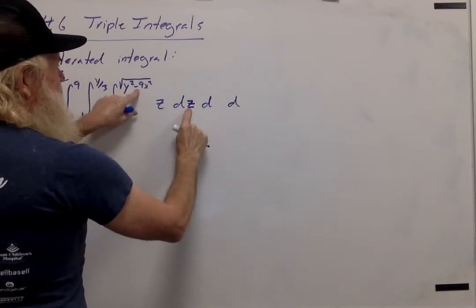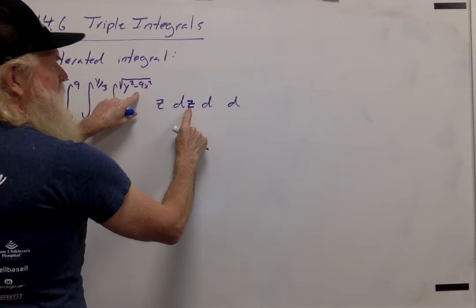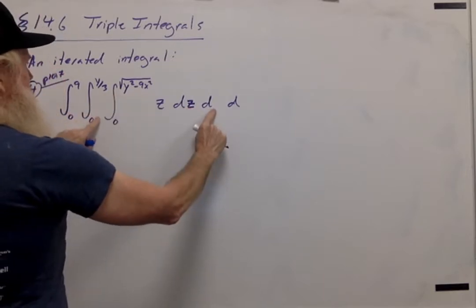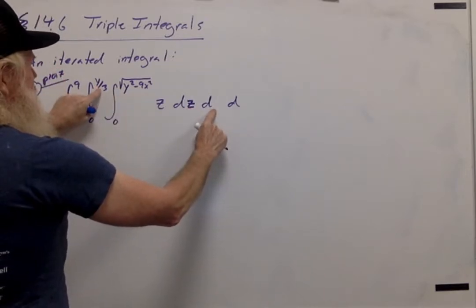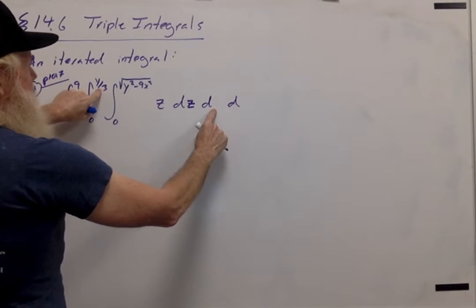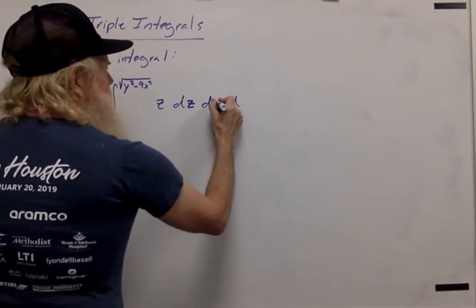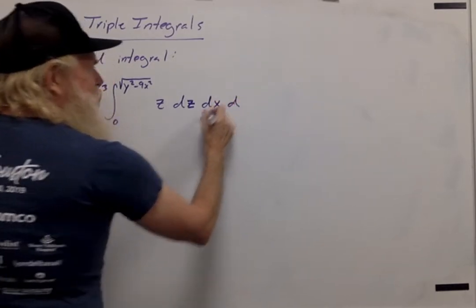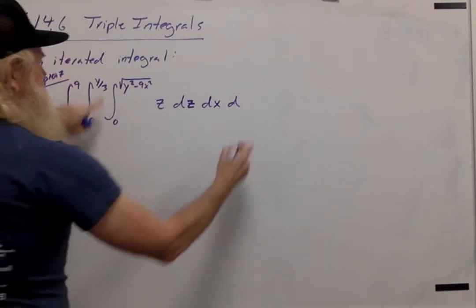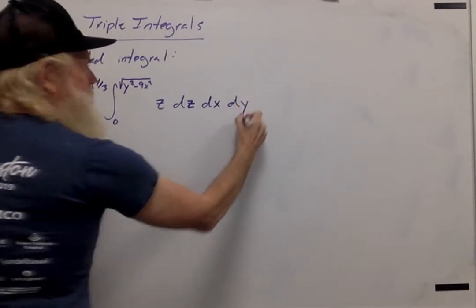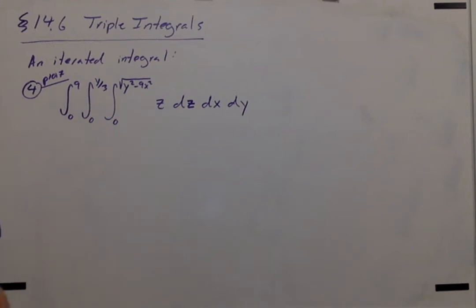So the bounds for z are allowed to involve x's and y's. Moving outward one, since my bounds here involve y, this has to be an integral with respect to x. So by process of elimination, the outermost variable is going to be y.